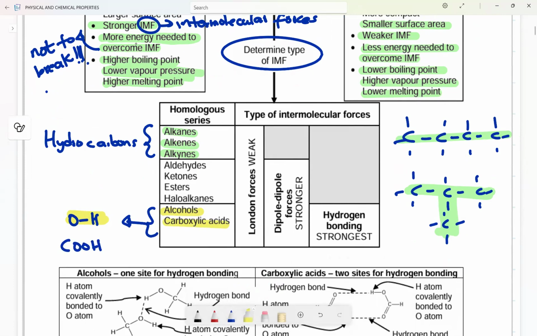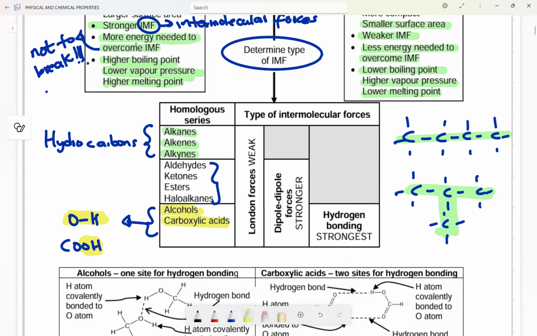This is the carboxylic acid as well as the alcohol. So we are saying these have hydrogen bonds, both of them. Then the rest of the other homologous series we have learned, such as aldehyde, ketone, ester, and haloalkane, have dipole forces.